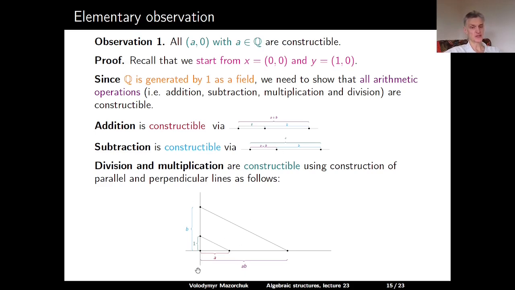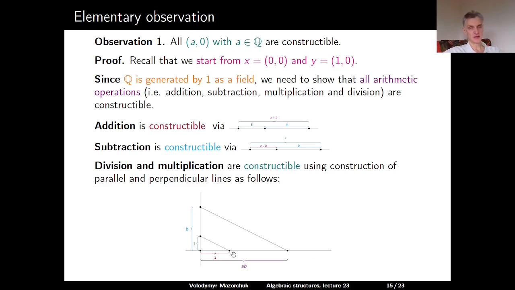So we can of course construct perpendicular lines. So we draw two perpendicular lines, and then on one of them we draw the points with the distance 1 and with the distance b, and on the other one 2 points with the distance a. And then we will have on this picture, so here we have this triangle is similar to this triangle if these two lines are parallel.